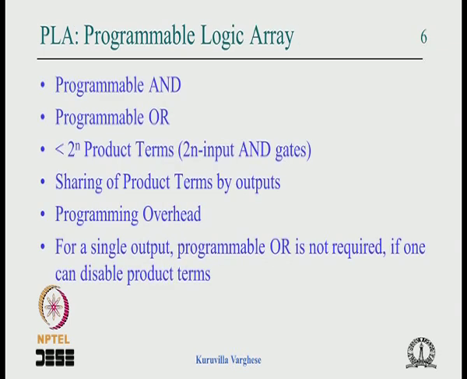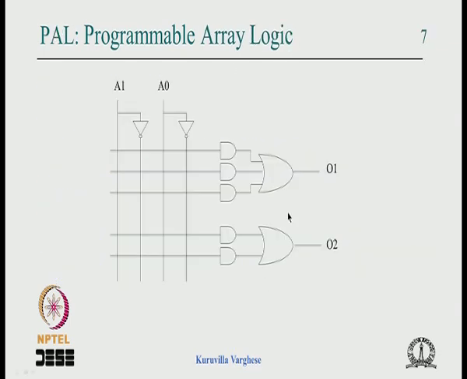Now this was programmable logic array and this was programmable array logic. As I said, don't worry too much about the name. One is called PLA and another is called PAL. It's kind of programmable logic, but since the earlier one was called PLA, this was called PAL.